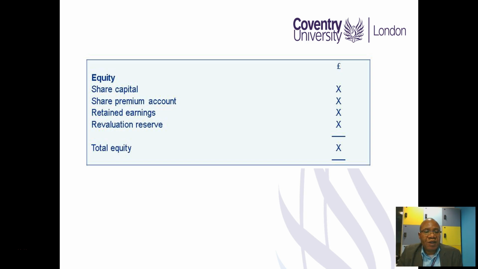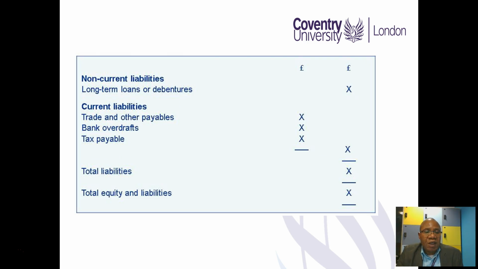Total equity is made up of share capital, the share premium account, retained earnings, revaluation reserve, or any other reserve that the entity may have. The liabilities, again, are broken down between non-current liabilities and current liabilities. You will find that this is required in most of the exercises that you will do.